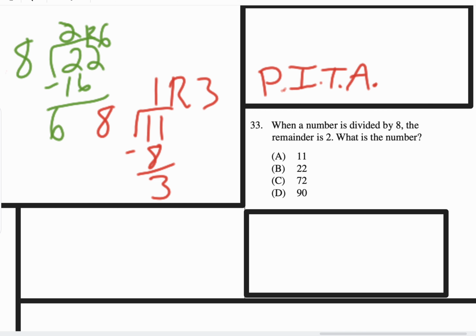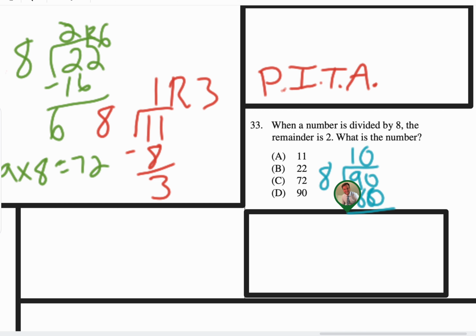There will be a remainder of 0. That only leaves us with D. Let's try D. 90 divided by 8. Eight times 10 will give us 80 with a remainder of 2. This is what we're looking for, a remainder of 2. D is our correct answer.